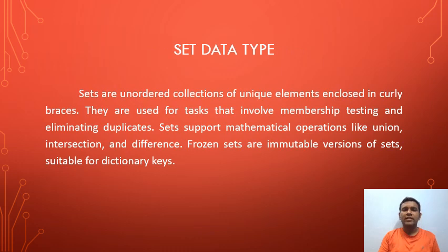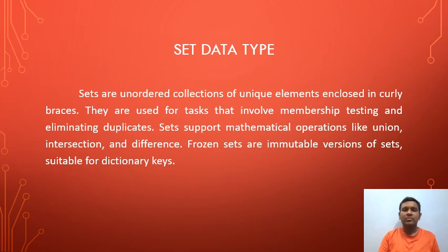The next data type is set data type. Sets are unordered collections of unique elements enclosed in curly braces. They're used for tasks that involve membership testing and eliminating duplicates. Sets support mathematical operations like union, intersection, and difference.